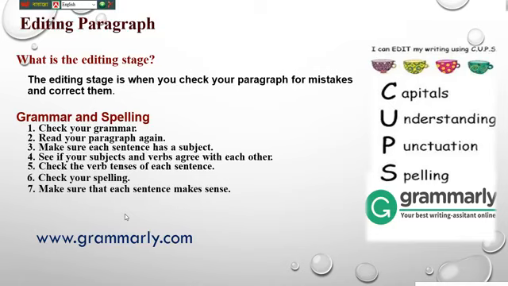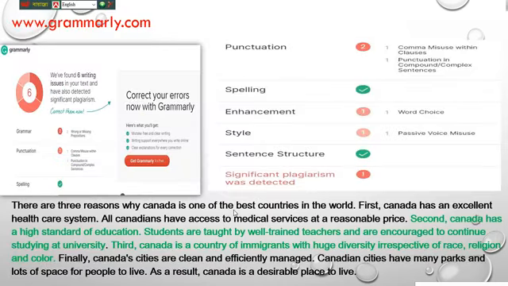It is also very useful to use online software, and here you see Grammarly. This is the best writing assistant software. You can use it, it's free. Let's see what happens when you use this correcting software. Here you see www.grammarly.com.